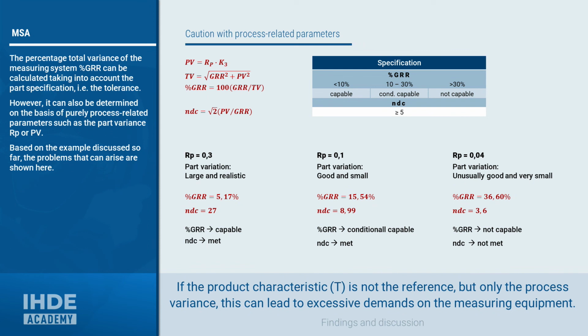A gauge analysis that takes into account the tolerance of the characteristic will consider the measurement system to be capable. A measuring system analysis that does not take into account the tolerance of the characteristic, but only the very small variance of the process result, will possibly consider the same measuring system to be not capable.